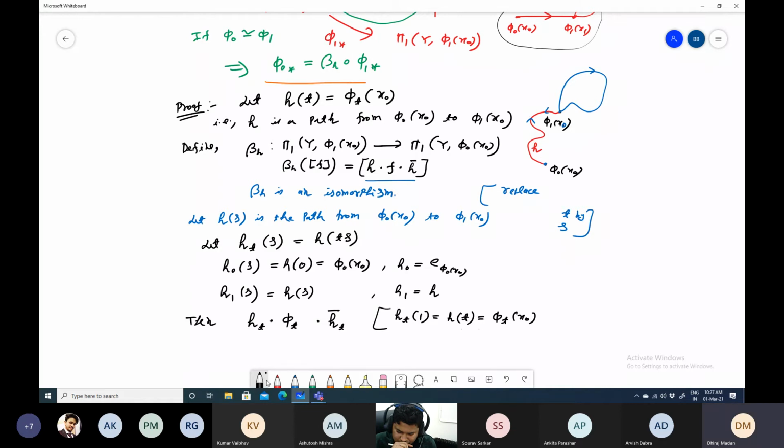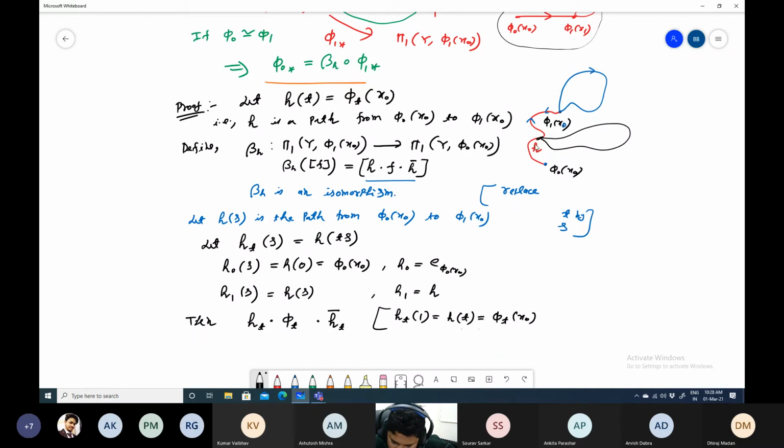For every t, phi t should be a map from X to Y, and phi t always goes from X to Y. So phi t f0 is well defined. Just a minute, I am a little bit confused here. So we need this kind of path at the point t.